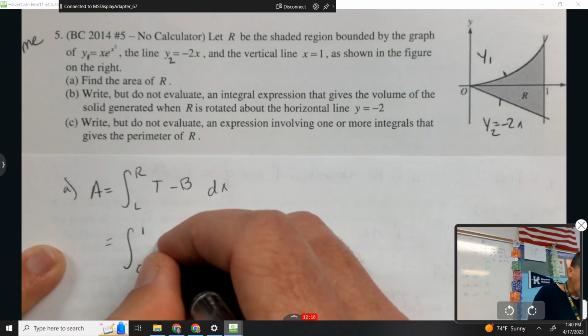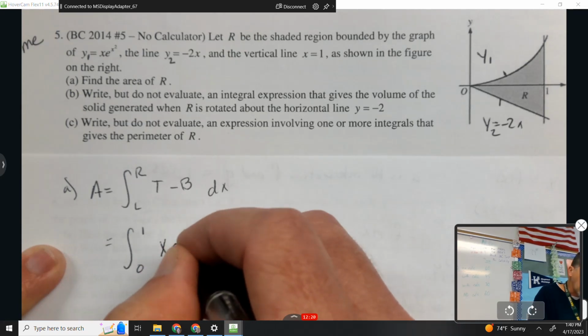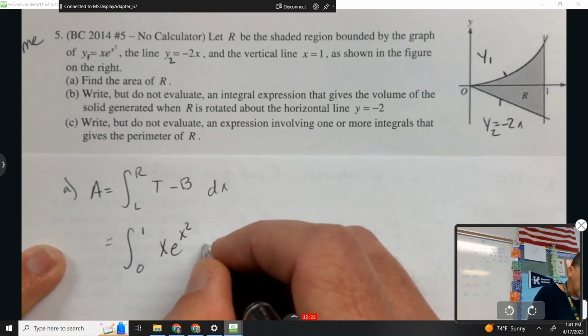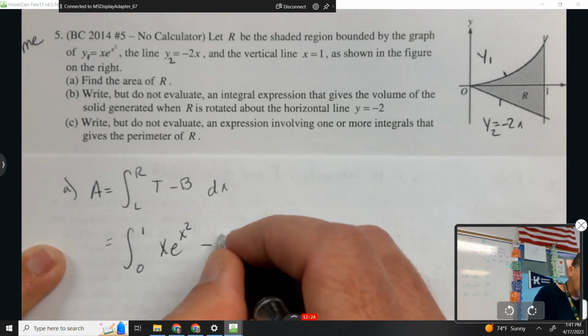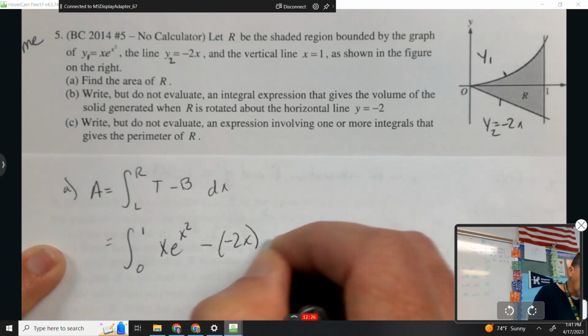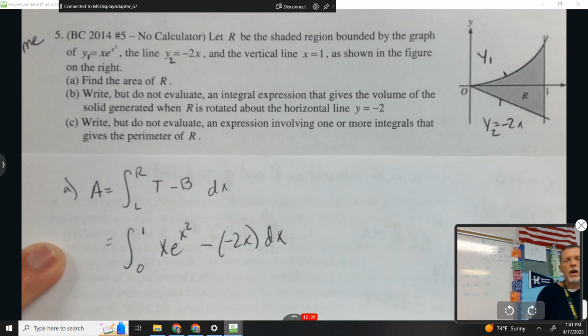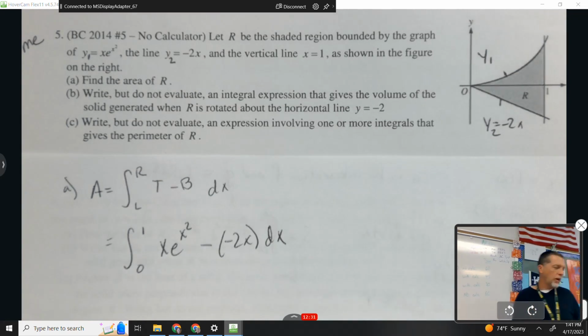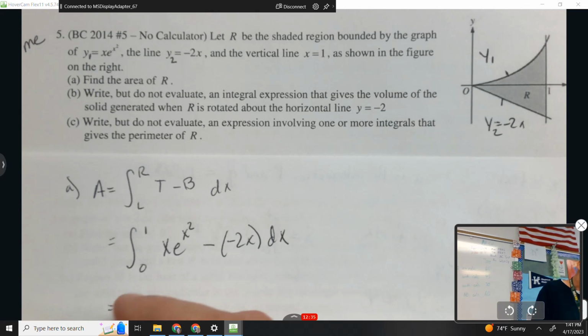But I'm not just going to stick y1 in there because I have to do this by hand, so I may as well put x e to the x squared minus negative 2x. So plus 2x. So the integral of x e to the x squared plus 2x dx.